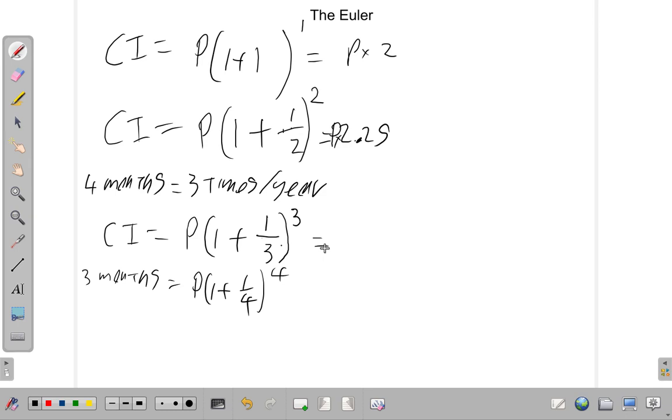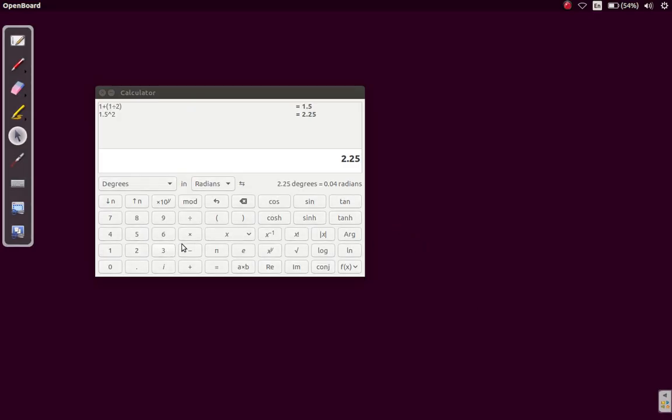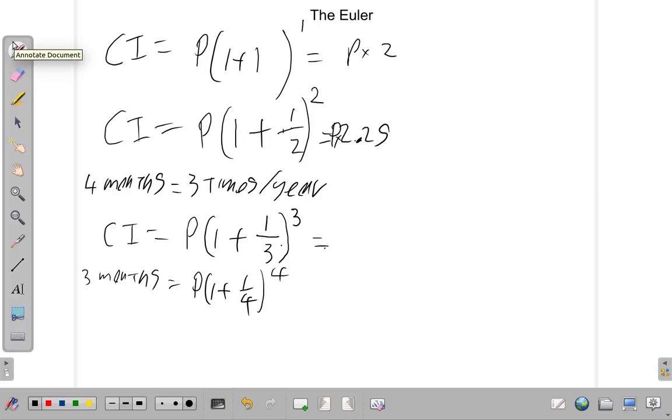What happened with the 1 plus 1/3 cubed? Let's see. Suppose we have, open bracket, 1 plus 1 over 3, to the power of 3. That is 2.37. So the principal will be multiplied by 2.37.